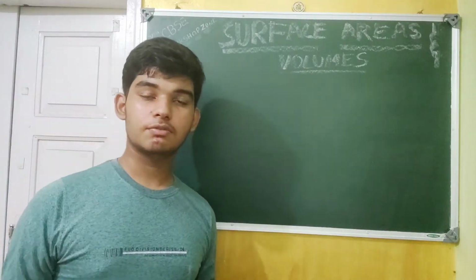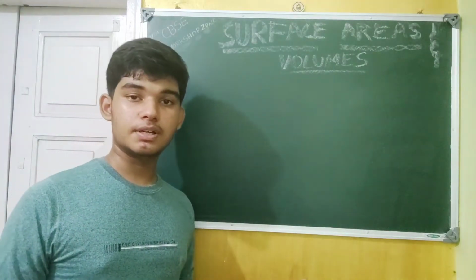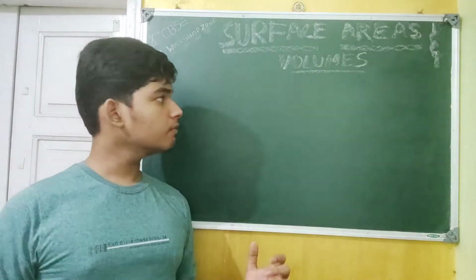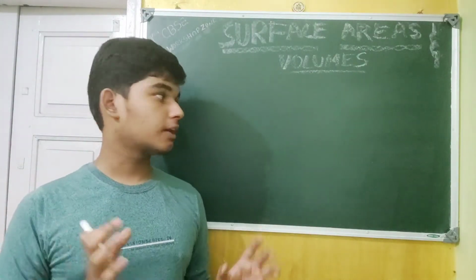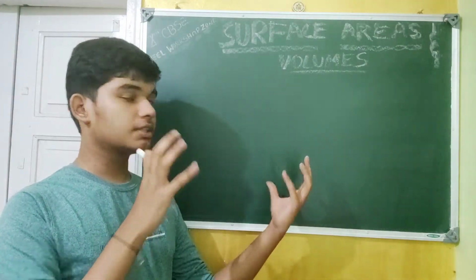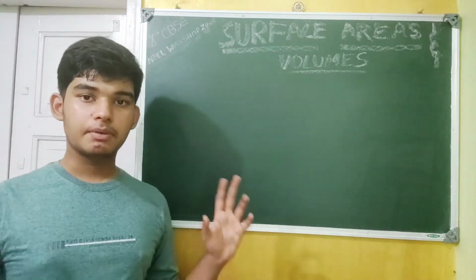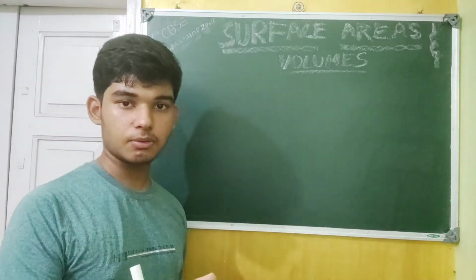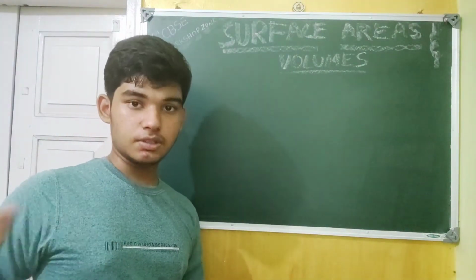Now that we understood what a sphere is, let's talk about the surface area and volume of a sphere. For now, we'll just be talking about the formula, and as the classes move on, we'll talk about how to derive the formula, how it makes sense to get that formula and why we should use it. But for now, we'll just use the main formula and do some basic sums to understand that it works.